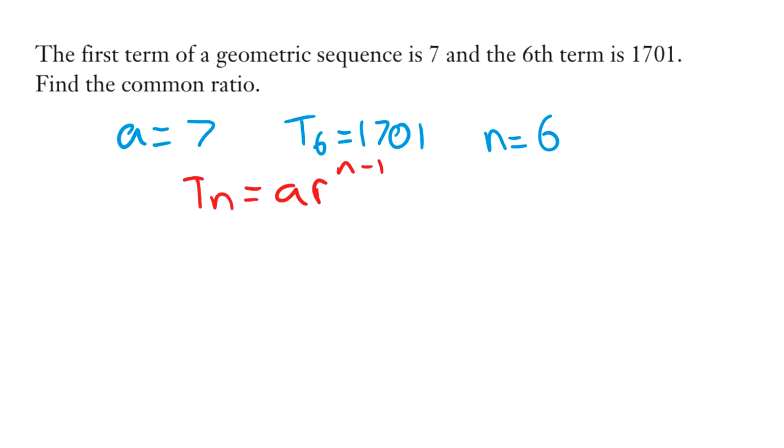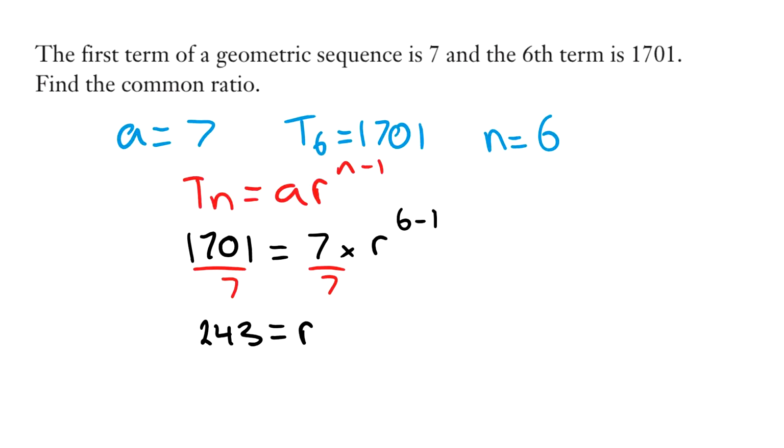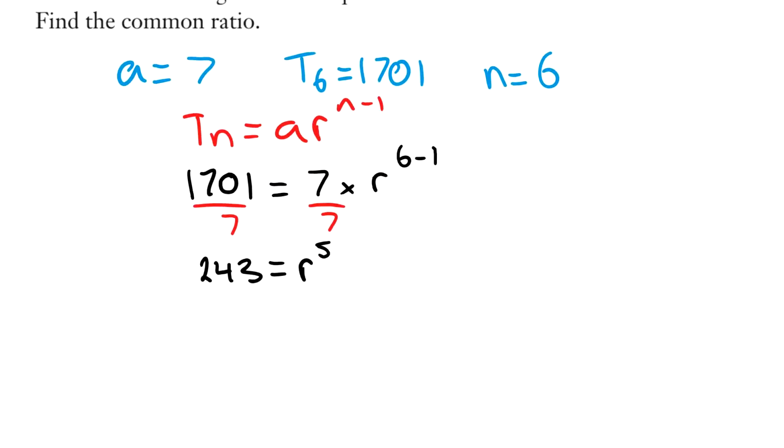So we're going to say 1701 will equal 7 times r^(6-1). We can divide by the 7. 243 equals r to the power of 5, because 6 take away 1 is 5. We can then root both sides and we get r equals 3.